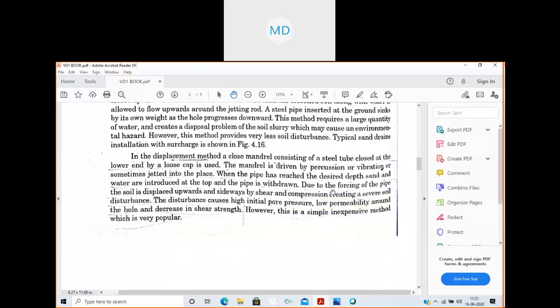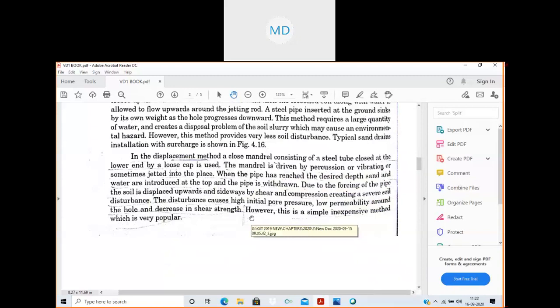Due to the force of the pipe, the soil is displaced upward and sideways by shear and compression, creating a severe soil disturbance. The disturbance causes high initial pore pressure, low permeability around the hole, and decrease in shear strength. However, this is a simple, inexpensive method which is very popular. So this is about the installation of sand drains with the help of the displacement method.